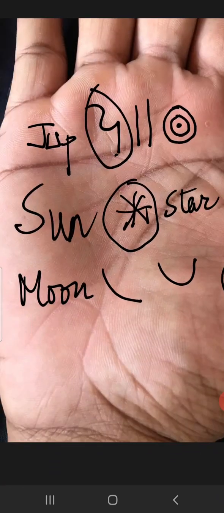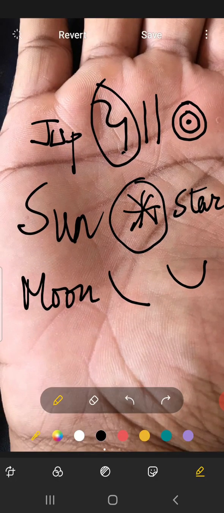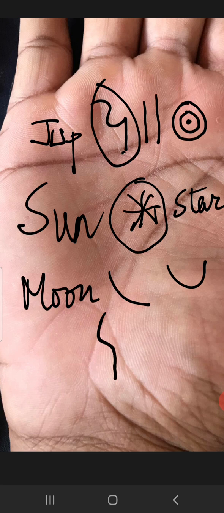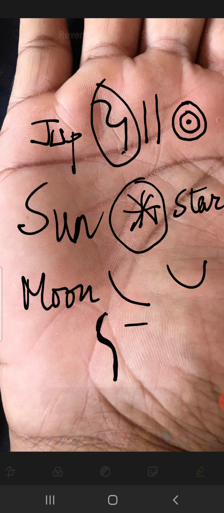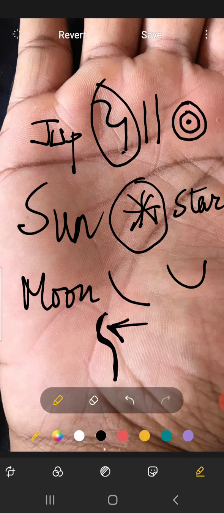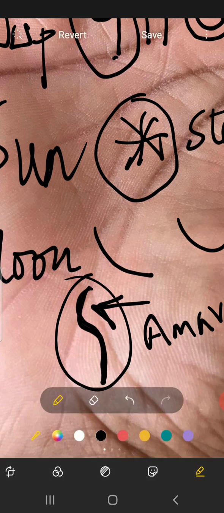In some palms, you will see a sickle shape like this. This also shows the influence of Chandra, especially Amavasya Yoga. You know, there is a yoga called Amavasya Yoga. This Amavasya Yoga is shown in this way.